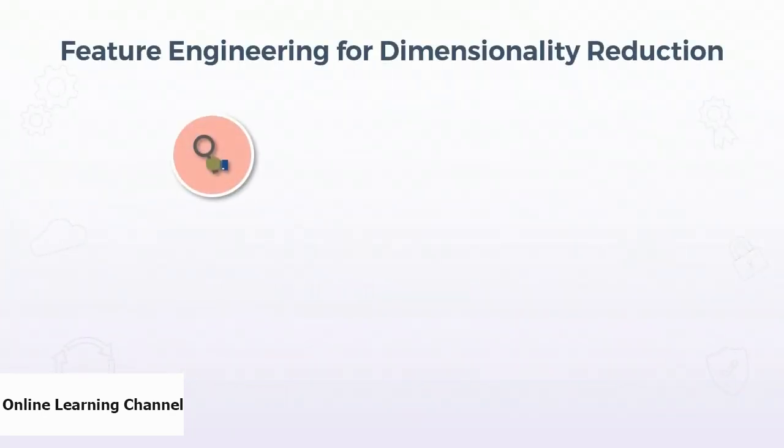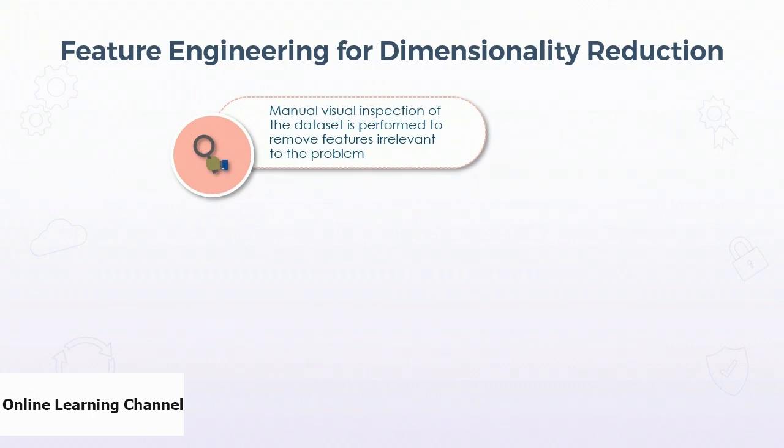Next, let us look at how we can use feature engineering for dimensionality reduction. Feature engineering can be performed to reduce dimensions in an existing dataset by a manual process or programmatically. A simple manual feature selection and dimensionality reduction process could be performed by visually inspecting the dataset and removing features that are glaringly irrelevant to the problem at hand.